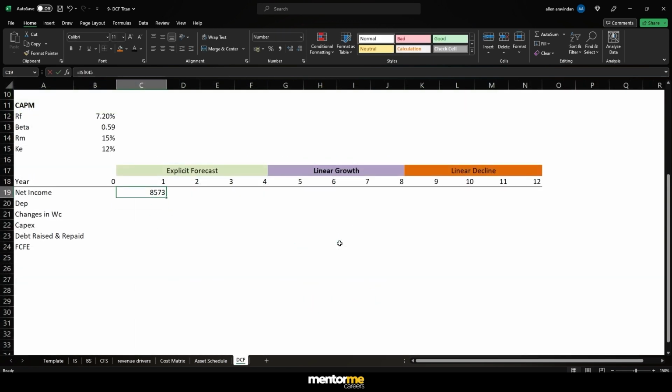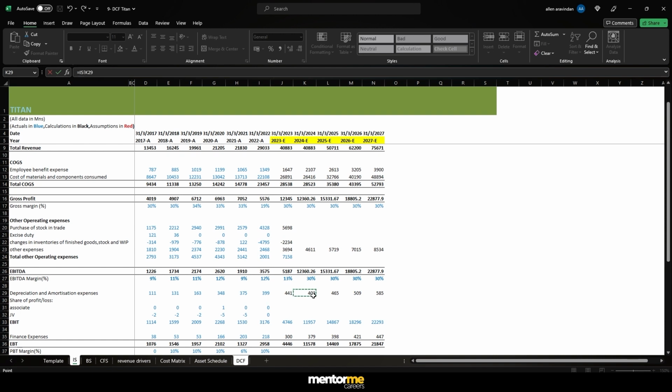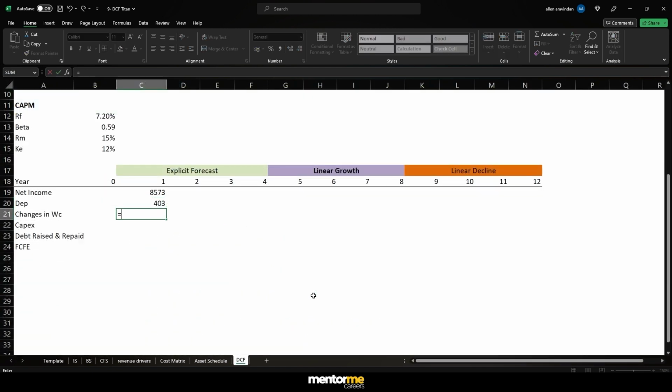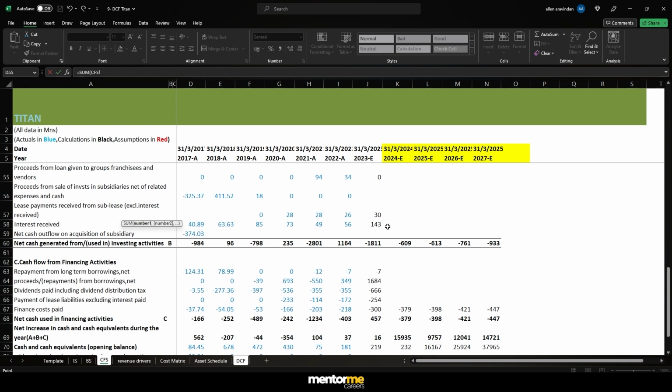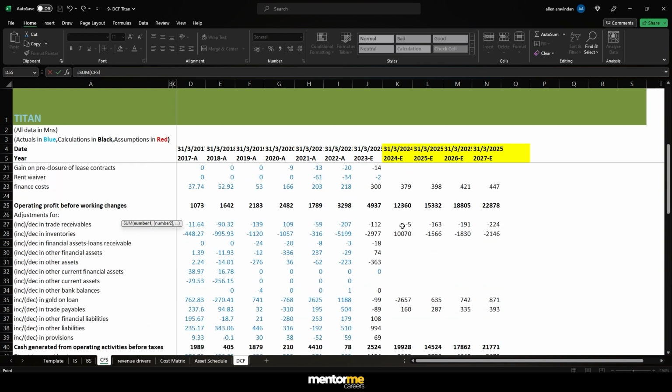So that's 8573 plus income statement depreciation for FY24, which is 403. The changes in working capital, you can just sum it up from the cash flow statement out here, right? So these are all our changes in working capital.